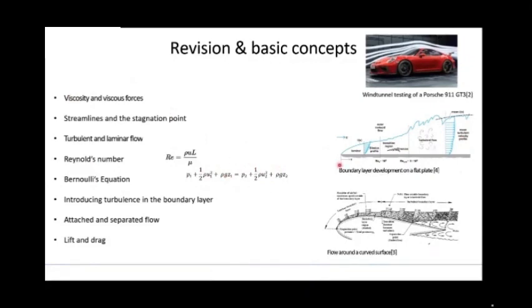So as our fluid flows over our structure, we're likely to see an increase in velocity because of continuity of mass, or we're likely to see an increase in potential energy because our fluid has increased in height, so we must see an associated drop in pressure.